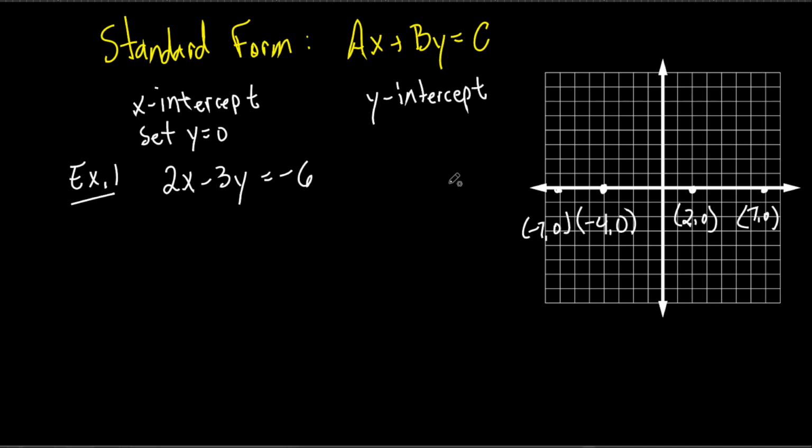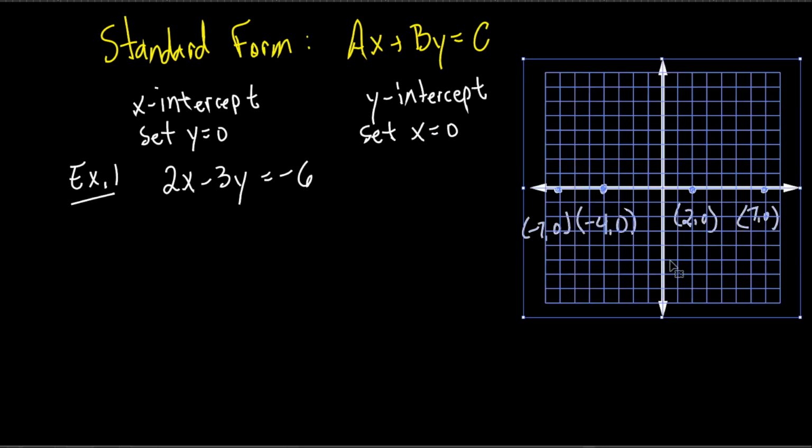Now, conversely, what do you think you're going to do in order to find the y-intercept? Look, to find the x-intercept, you set y equal to 0. Follow along. It's not that hard. To find the y-intercept, you set what? x equal to 0. Everybody see that? Tell you what, let me get all those dots and things out of the way.